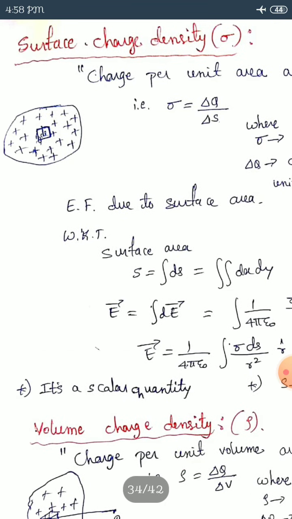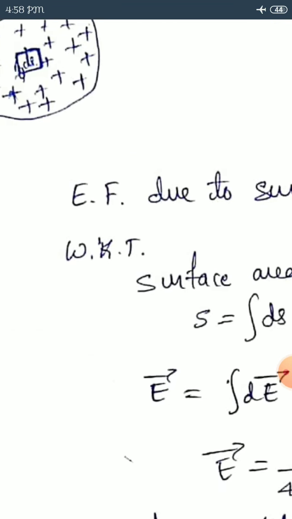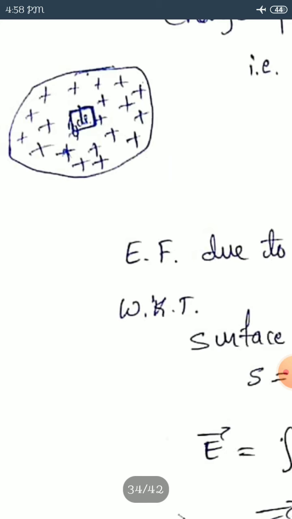Suppose I have considered the whole surface, which looks like a circle, and in that I have taken only a small area element ds, and charges are distributed over it.